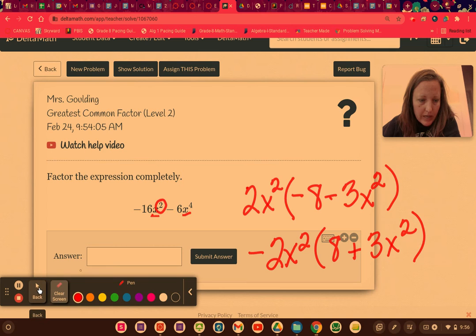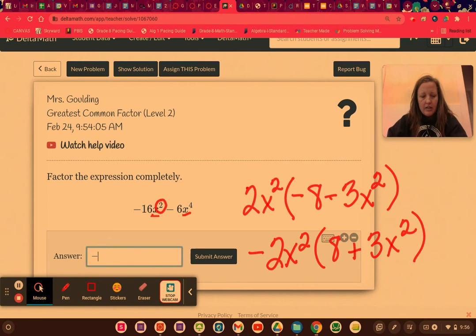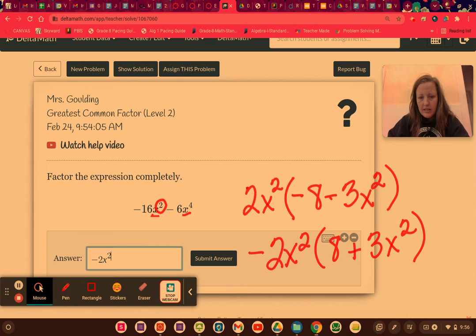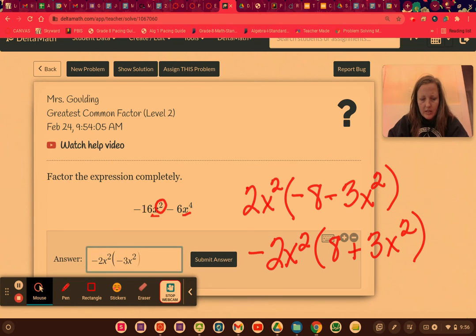So let's go back here and we'll see if the computer will accept this, because it should, because these are equivalent expressions. Negative 2x squared times the quantity 8.